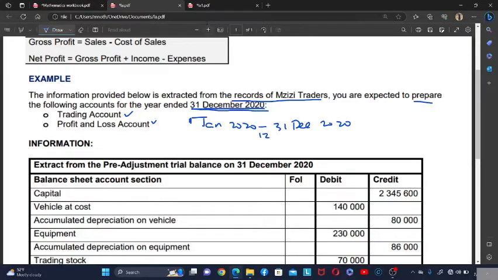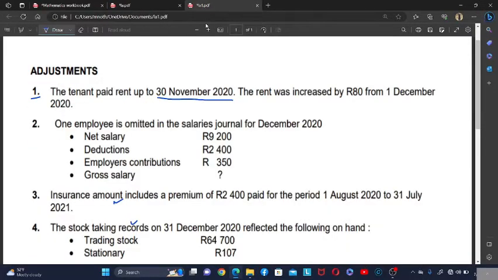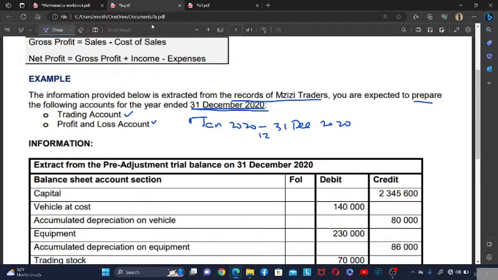But here we are told that the tenant paid the business up to 30 November 2020, which means the month of December was not received.